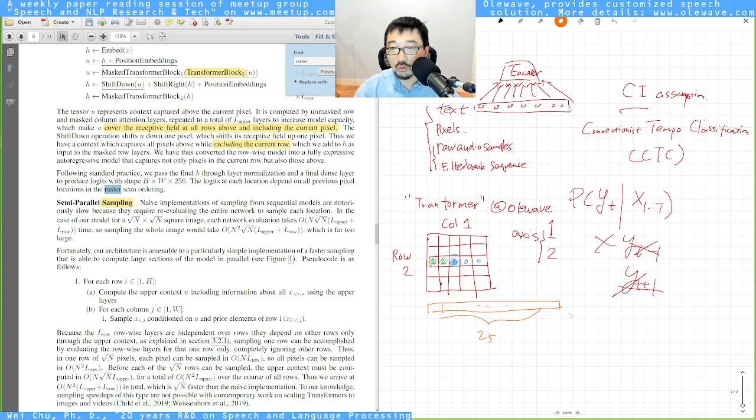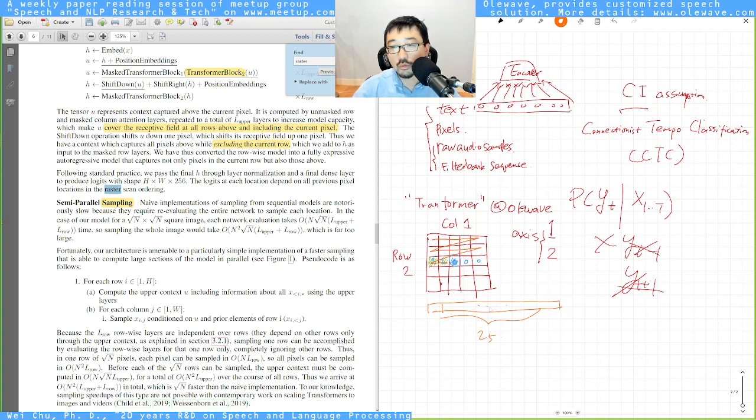You first go through all the columns in the first row, then go back to the first column in the second row, and do this, this, and this. So you can see that the prediction is also done in this order.